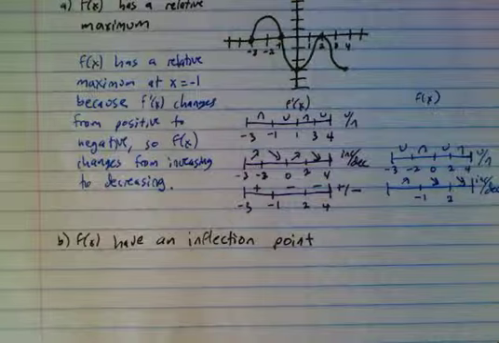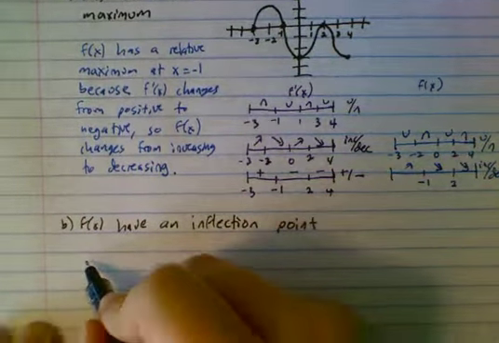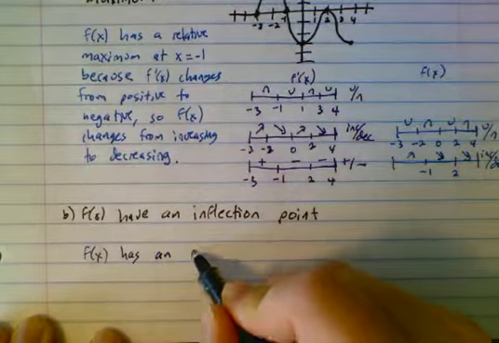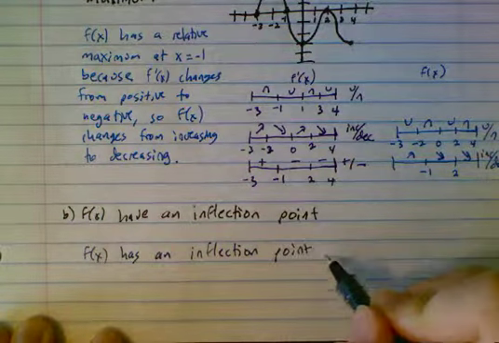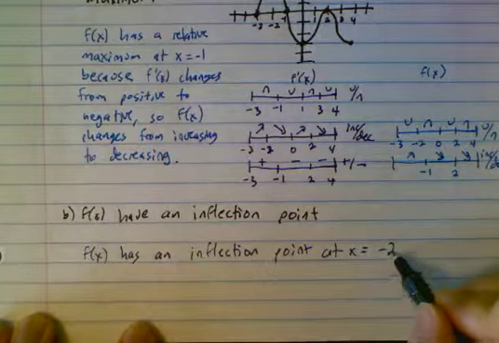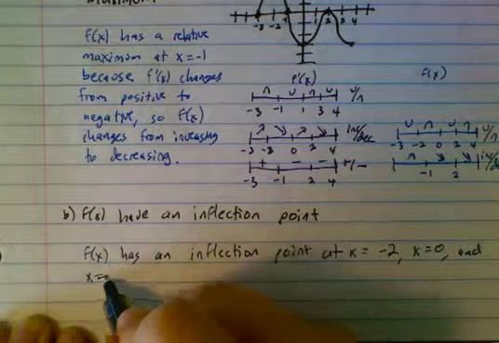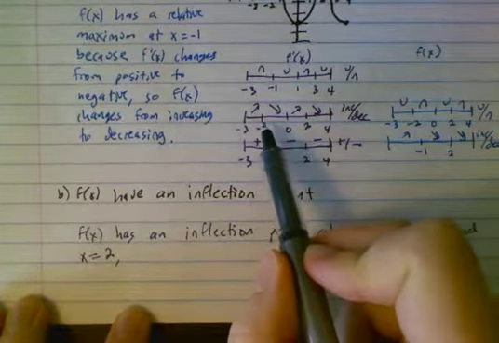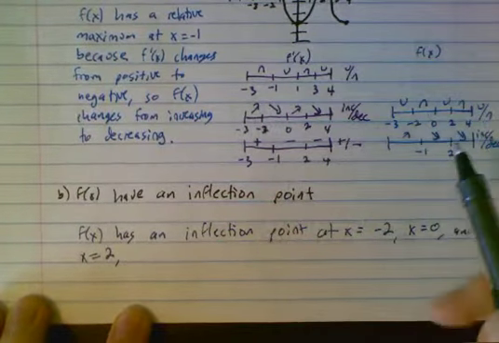And we see that right here at -2, 0, and 2. And how do we know that? We know that because f prime of x is changing from increasing to decreasing, or vice versa, and that means f of x changes concavity.